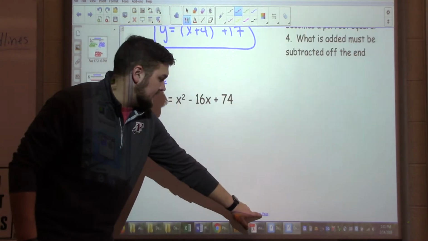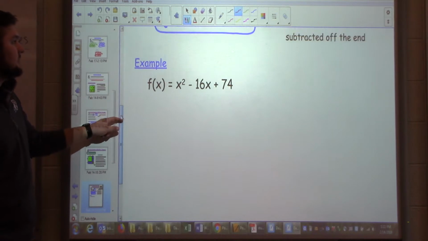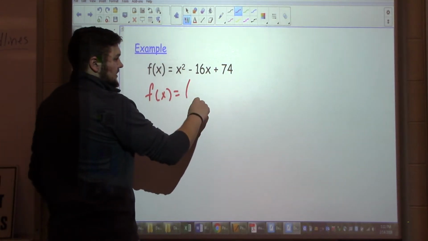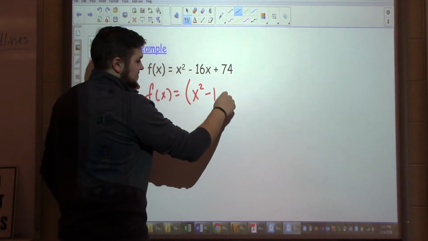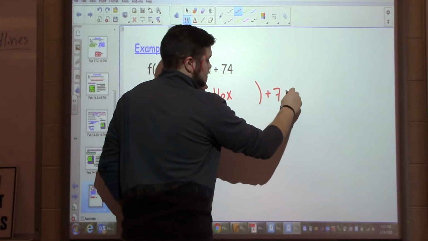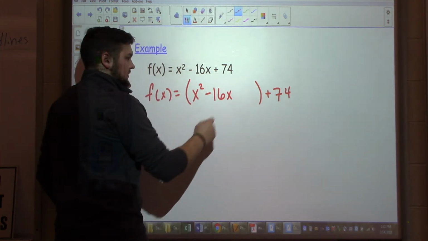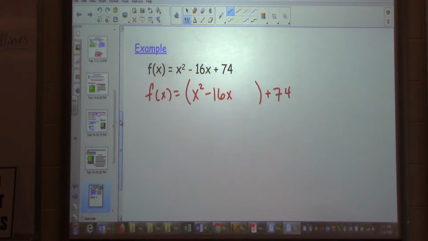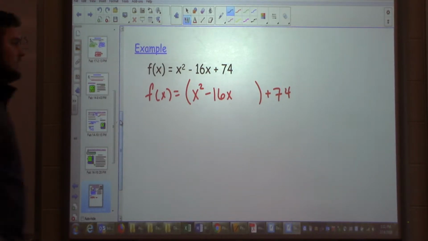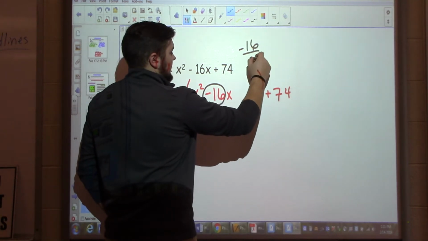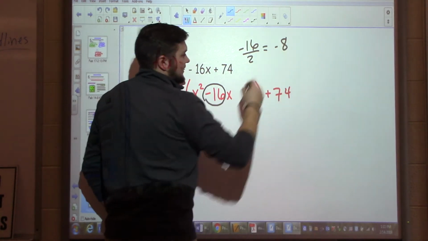Example, x squared minus 16x plus 74. Same thing, f of x equals x squared minus 16x, leave a space, plus 74. Right? Take your middle number, negative 16. Divide it by 2. I get negative 8.